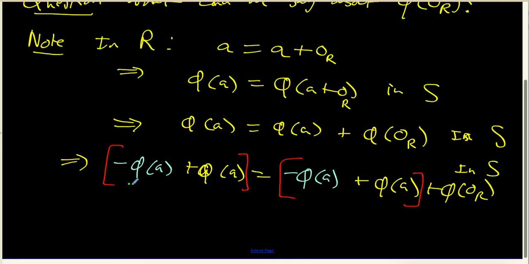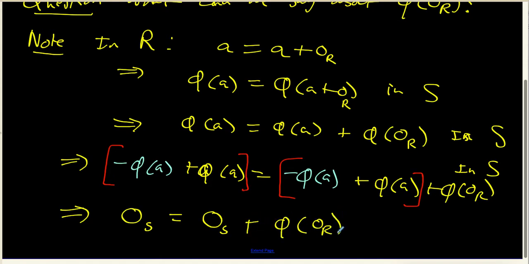So this is the additive inverse in ring S. So our next step becomes that we have the 0 in S is equal to the 0 in S plus this element of S. Now, any element in S plus the 0 element in S is just the other element. In other words, the 0 in S plus this weird element is just going to be this weird element.